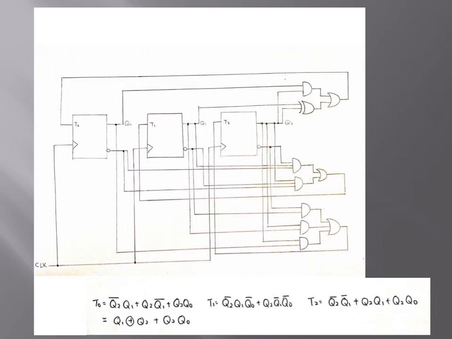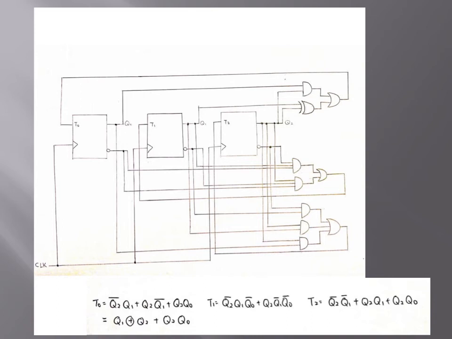One is for T0, one is for T1, and one is for T2. Now refer to the T0 equation first. We have an exclusive OR gate and an AND gate, and then we have an OR gate for these 2 gates.